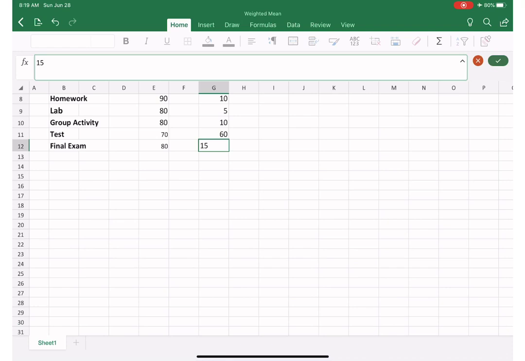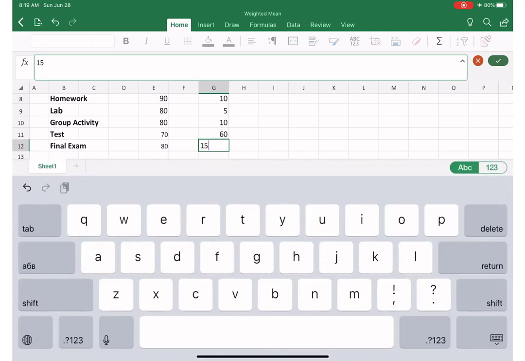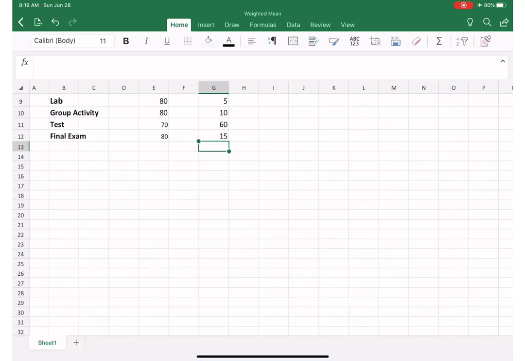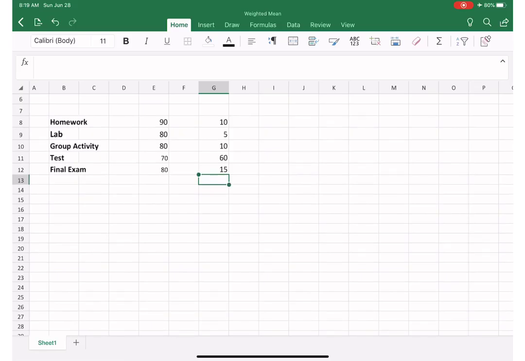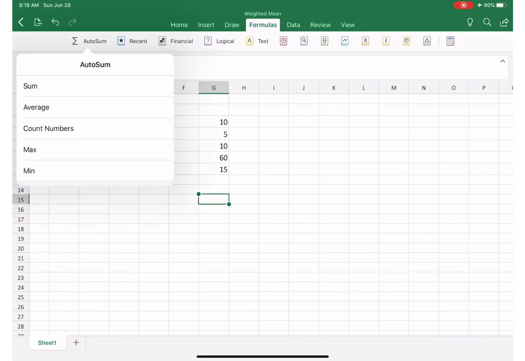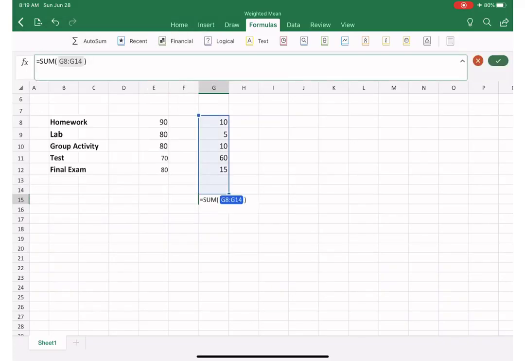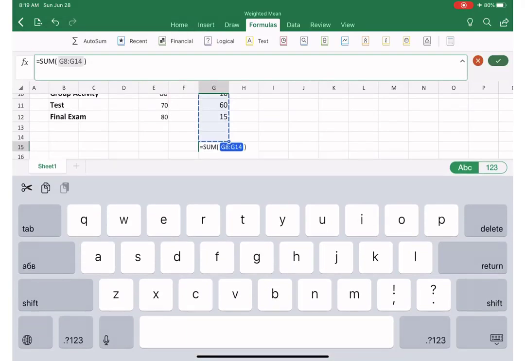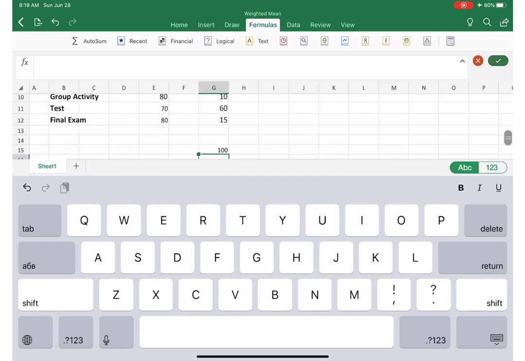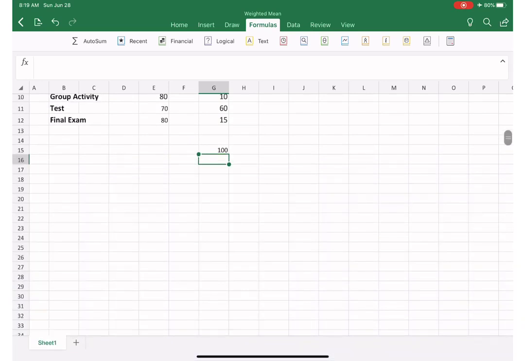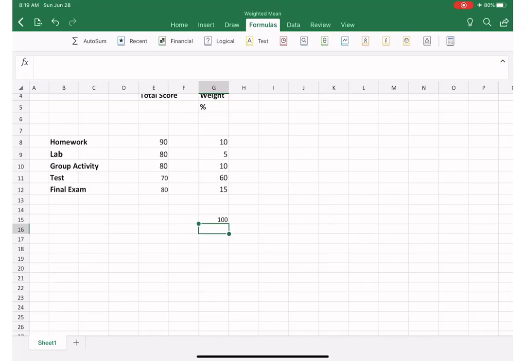So we should totalize 100%, right? If you add them up. So let's check it. Formula. Okay, 100. All right, total weight 100%. I got it. But here is one thing. This is what is going to be given to you.